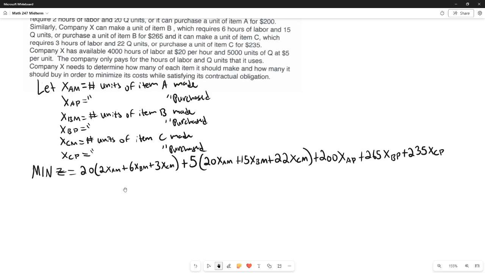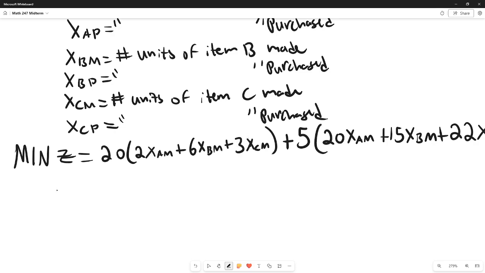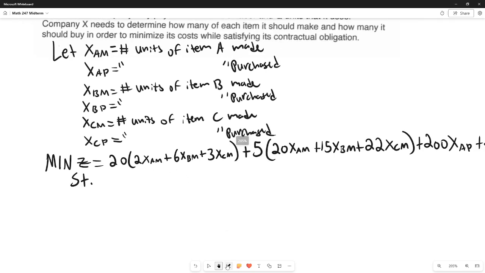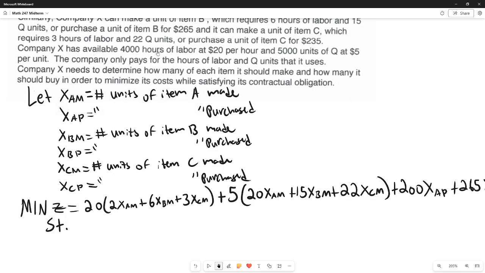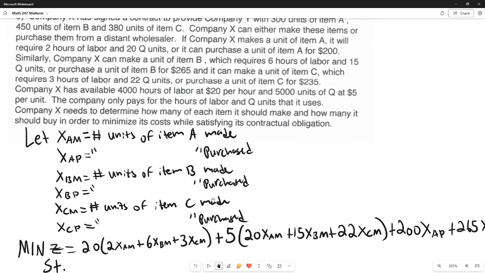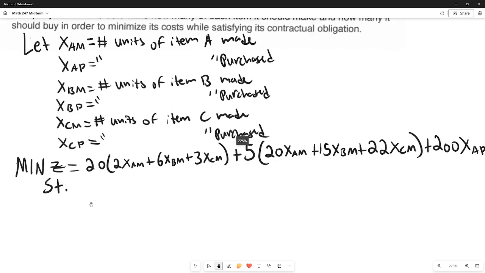So now we can get to the such that, or subject to's. So subject to, well, we need to take into account our limitations. We know that we only have 4,000 hours of labor available. And for each unit of item A, B, and C we create, we incur some number of hours. Where for item A, we incur 2 hours of labor.